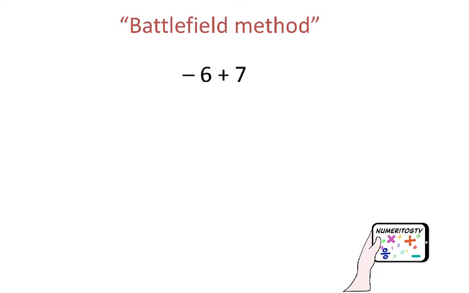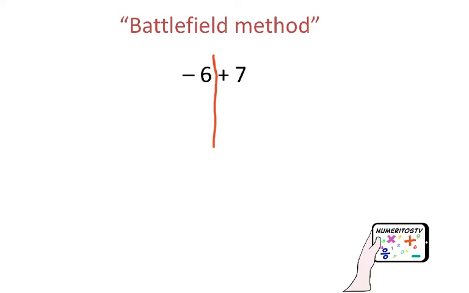So if you need to do the same problem, negative 6 plus 7. In this battlefield method, we are going to draw a line that I call the battlefield line after the first integer, immediately after negative 6. Not after the plus, immediately after the negative 6. Then you are going to check the sign in front of your number.